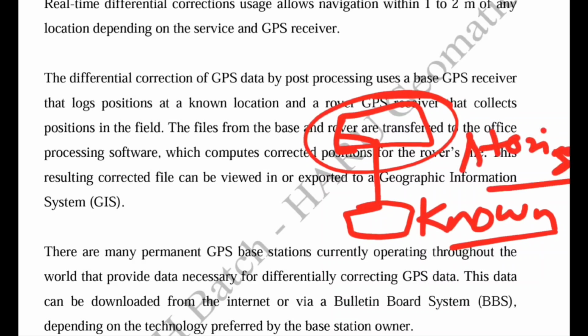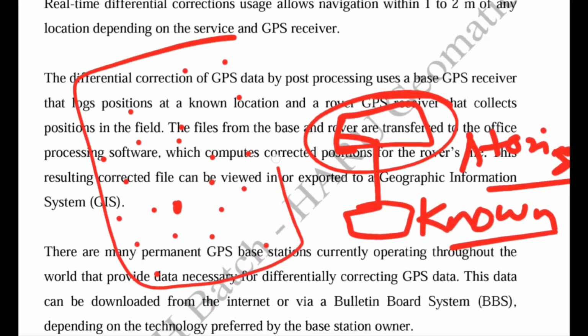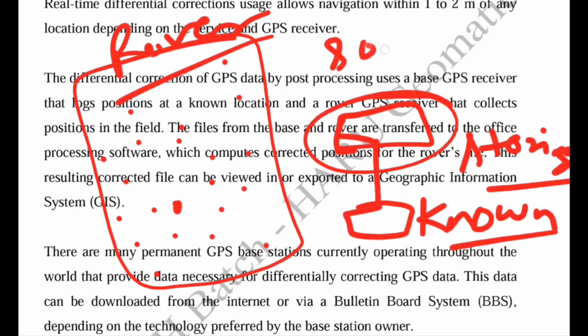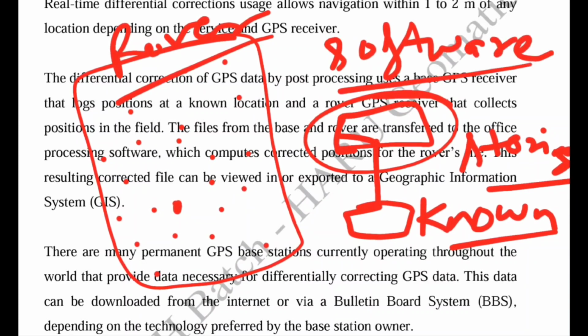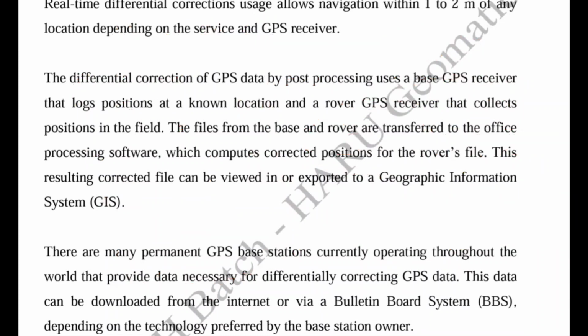The rover receiver collects data at different, unknown locations. The coordinates, or data, of the rover receiver are corrected in the software by linking the real-time stored data from the base receiver to the rover receiver.